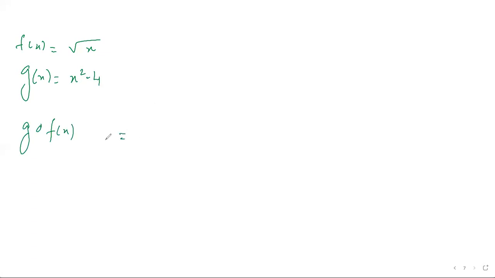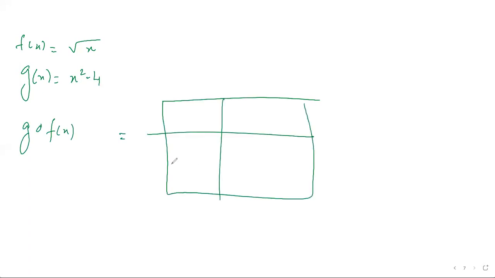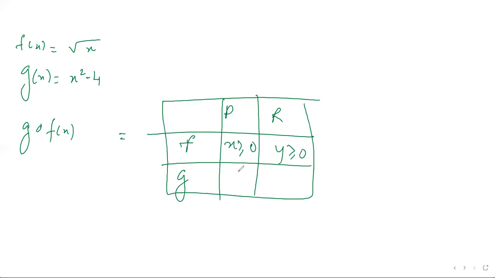Now, let's check out the matrix here once again. So this is your domain and range for f and g. The domain of f is x greater than or equal to 0, and the range is y greater than or equal to 0. For g, x belongs to real numbers, and the range is y greater than or equal to -4. I want to check if my g of f of x exists.